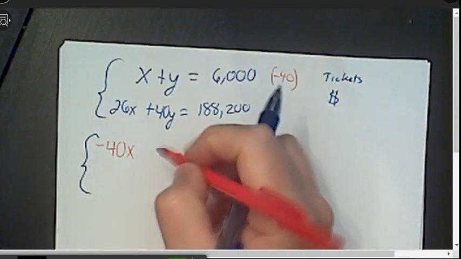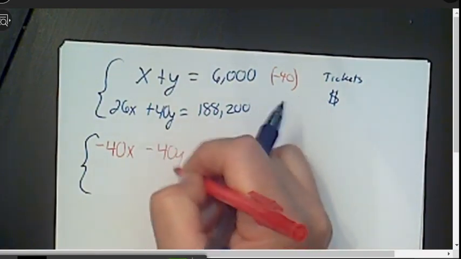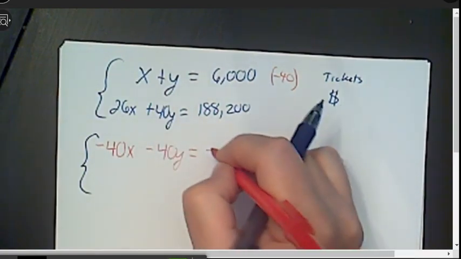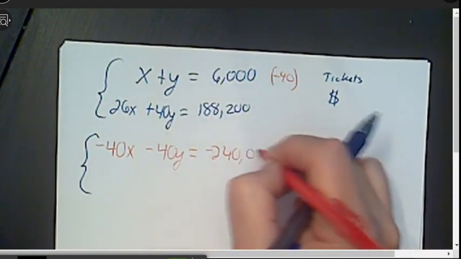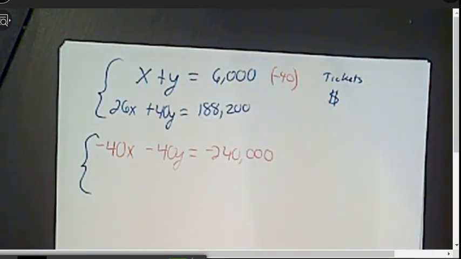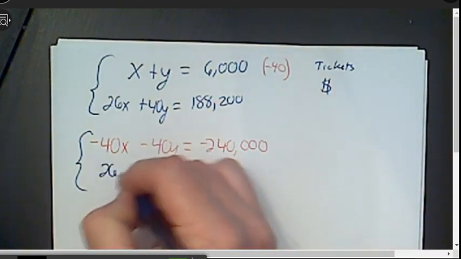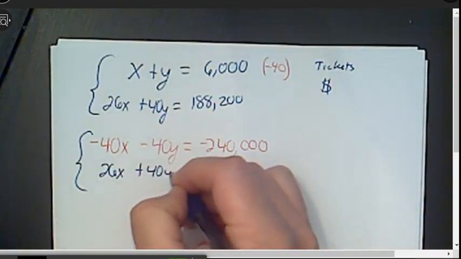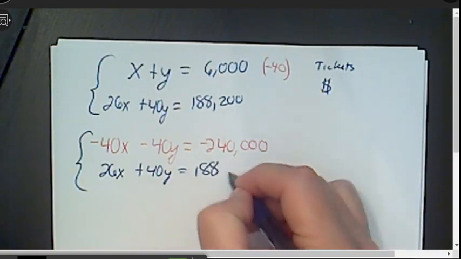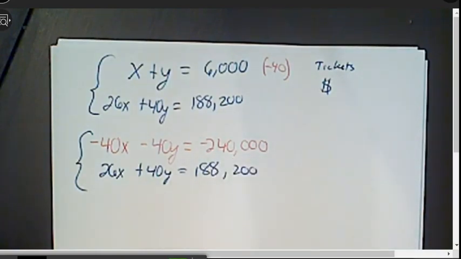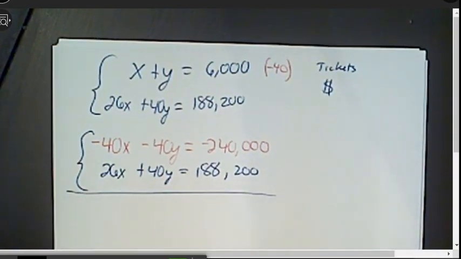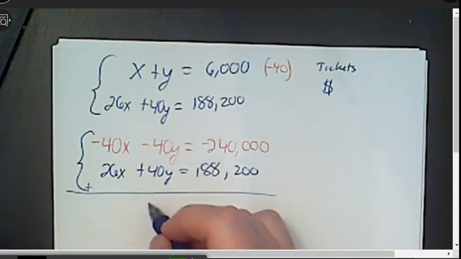Okay, so that's going to get us negative 40x minus 40y equals negative 240,000. The bottom one didn't change. We're just going to put these two together so that now the y's cancel out.